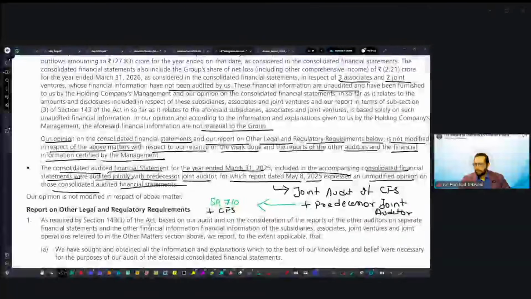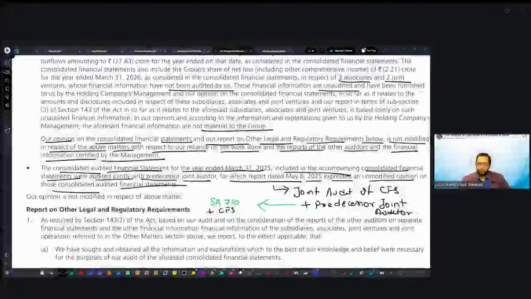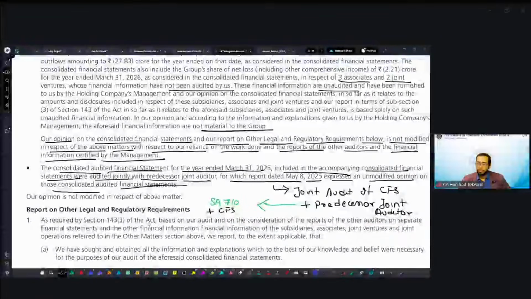Why 501? SA 501 talks about specific audit evidence in certain cases only. Like there are three things: existence and condition of the inventory, then litigation and claims, and segment reporting.